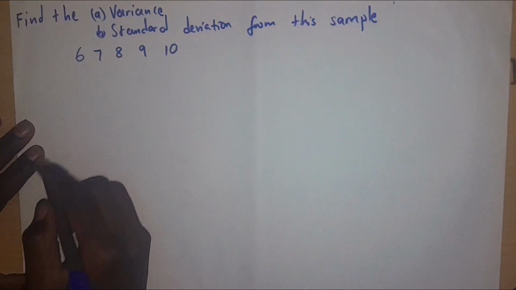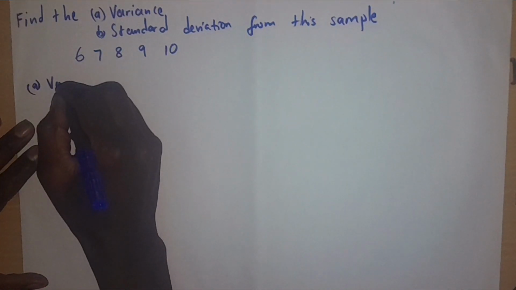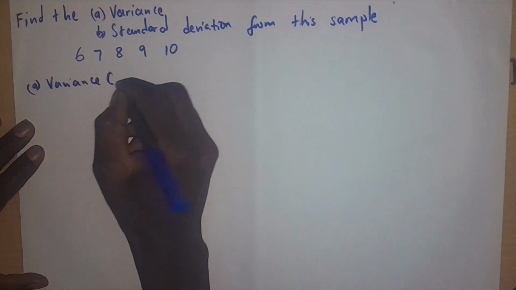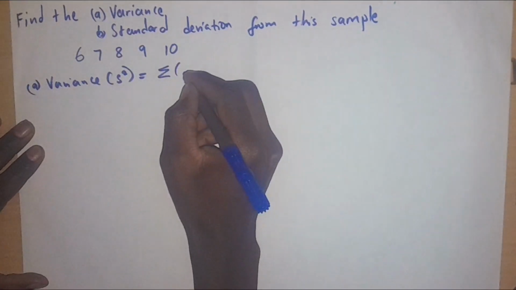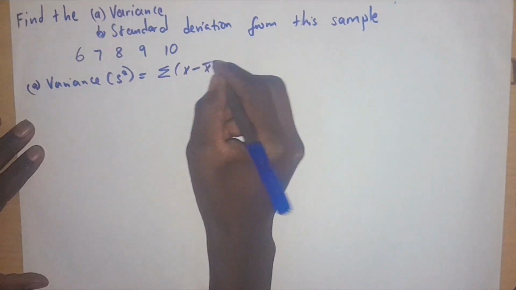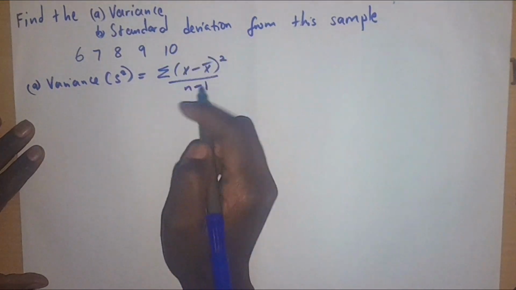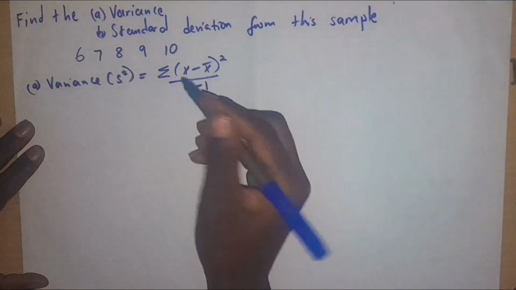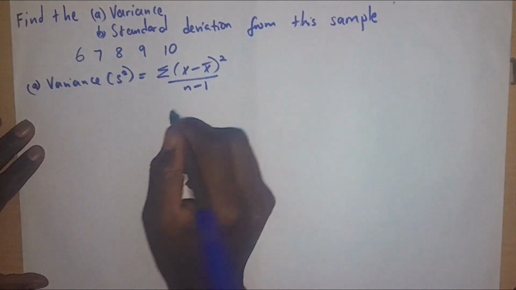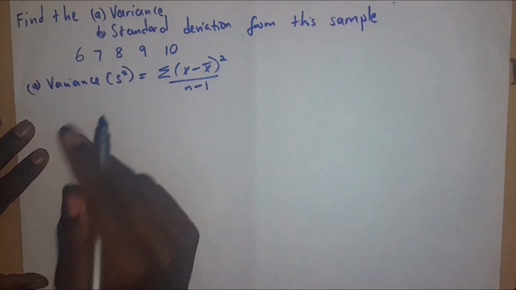Firstly, what you have to know is the formula for the variance of the sample. The variance, which is denoted by s squared, is equal to the summation of (x minus x bar) squared over n minus 1, whereby x represents each observation or each data point in the data set, x bar is the mean, and n is the total number of observations.